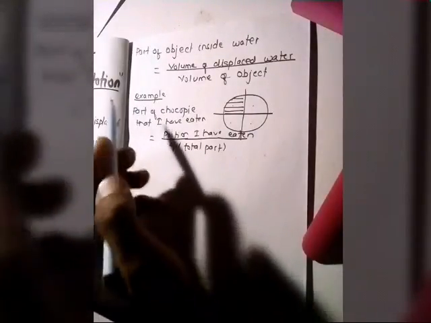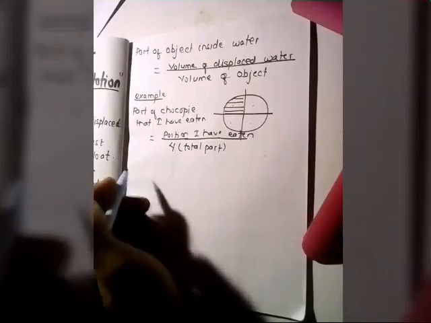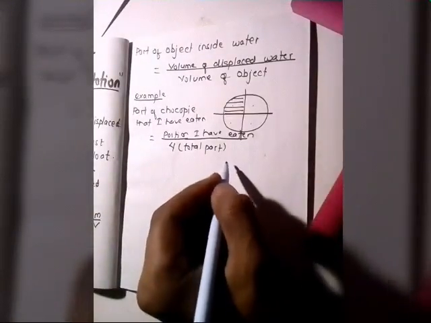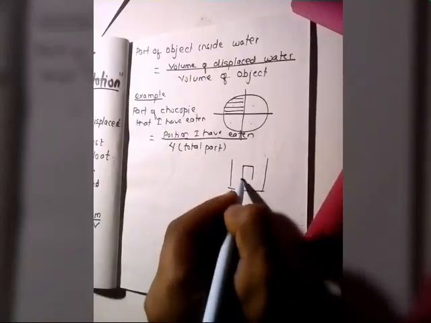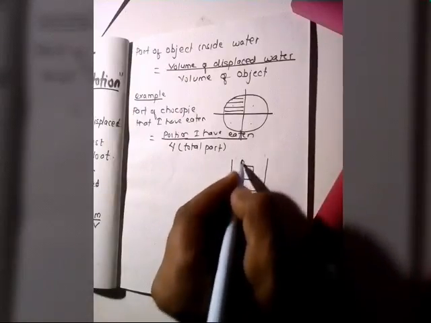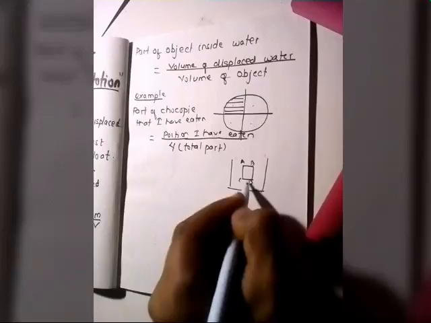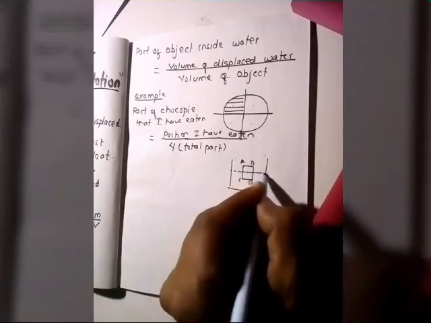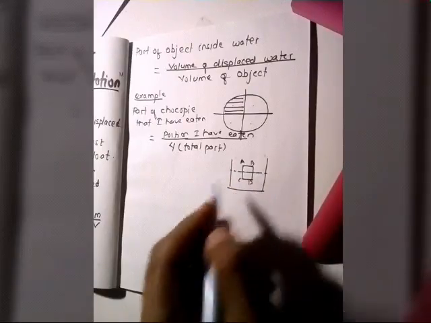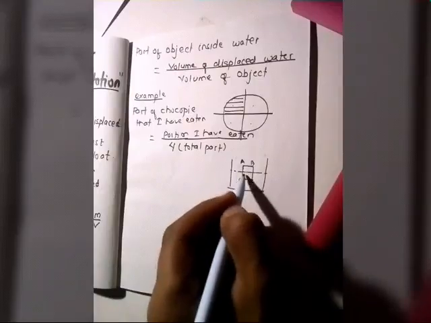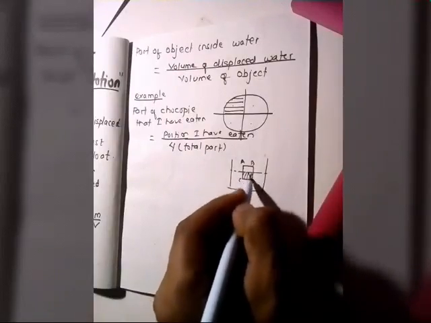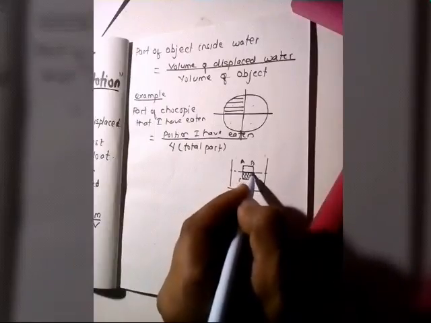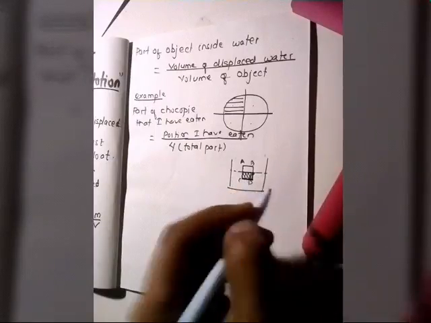The same concept is there in the part of an object inside water. Now consider an object over here. This is an object, A B C D. Now it's kept in water and it is floating. Whenever something is floating, a certain part is outside and a certain part is inside. Now this much part is inside water. So what part is inside?